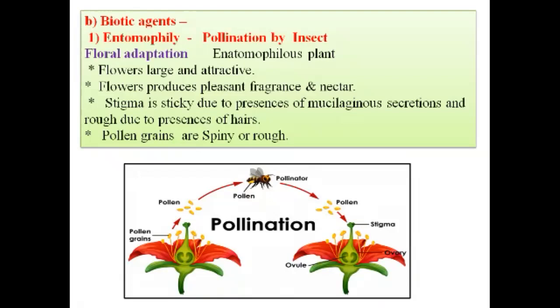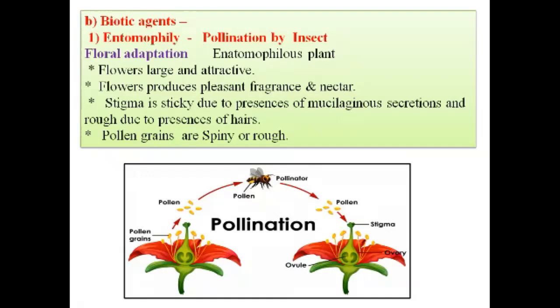Floral adaptations for entomophily: to attract insects, these flowers are bright and attractive. Flowers produce pleasant fragrance and nectar. The stigma is sticky due to the presence of mucilaginous secretion, and rough due to the presence of hairs.